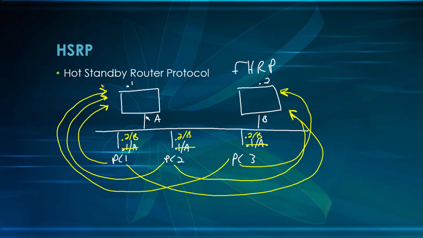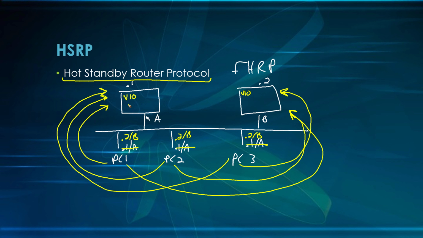Why? Because I'm smarter than that. What I'm going to do is enable some sort of first hop redundancy protocol, which means I'm going to configure this guy here and this guy here to talk to each other. For whatever VLAN, let's say VLAN 10, I'm going to come in here and say I want both switch A and switch B to communicate with each other and share the responsibilities.